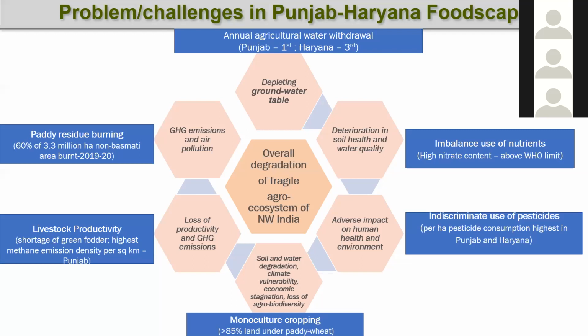Paddy residue burning is also one of the key factors impacting not only soil health, but also the health of millions of people in Delhi and NCR. So this region is perfect for us, as a conservation organization, to start our intervention on these elements in these states.